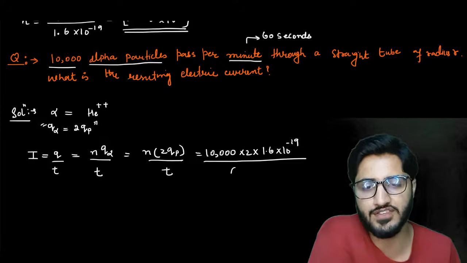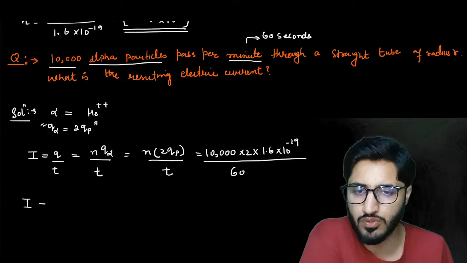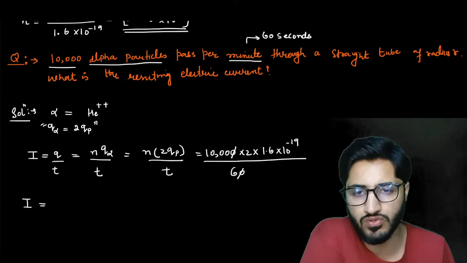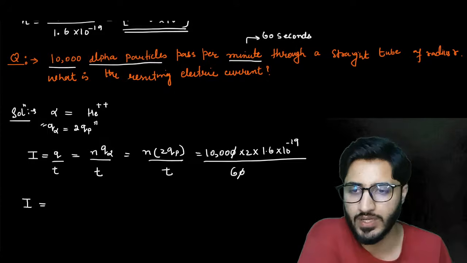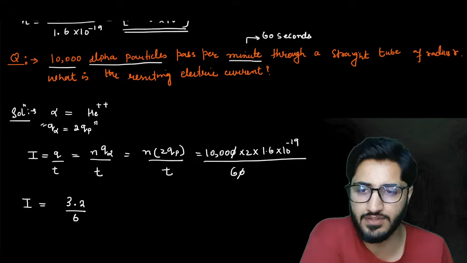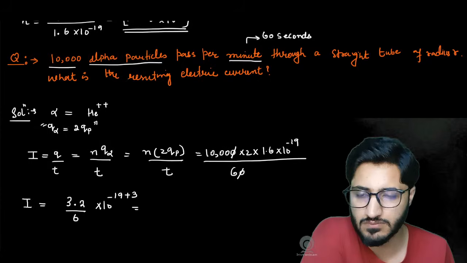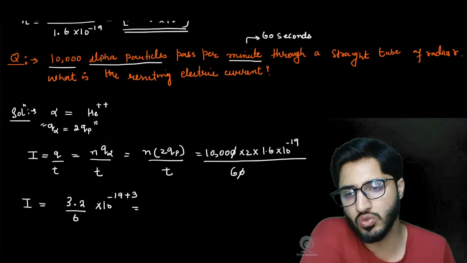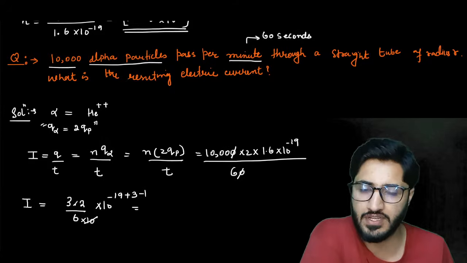So T is 60 seconds. Simplifying, the zeros cancel out, and I can write 3.2 divided by 6 multiplied by 10 to the power minus 19 plus 4 plus 1. Cancelling the zero gives minus 1 here, so it is 32 by 6, which came out to be 5.3.